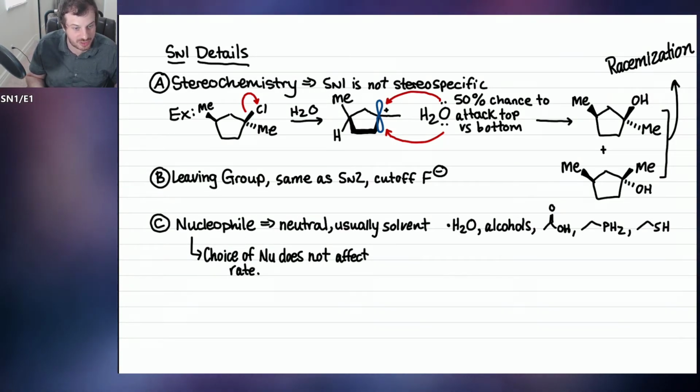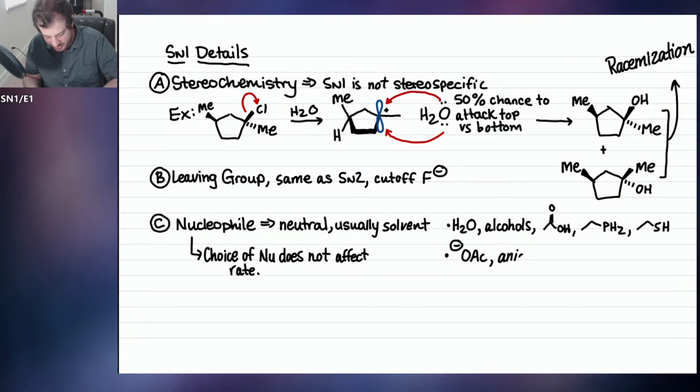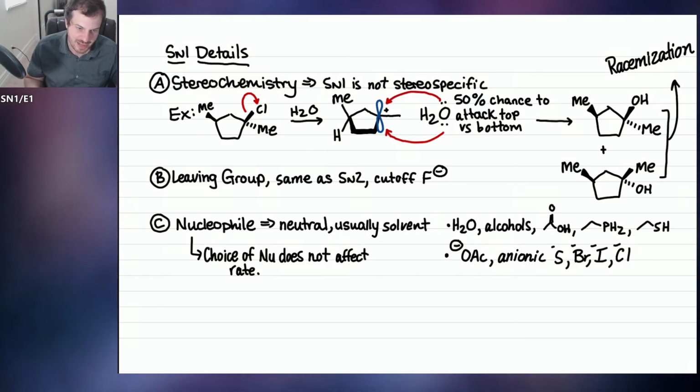You can use some negatively charged nucleophiles in SN1 reactions. It's rare, but not unheard of. We can see nucleophiles like acetate, so OAc minus, and then anionic sources of sulfur, anionic halogens like bromine, iodine, chlorine, have all been used in SN1 reactions, but you have to be careful.